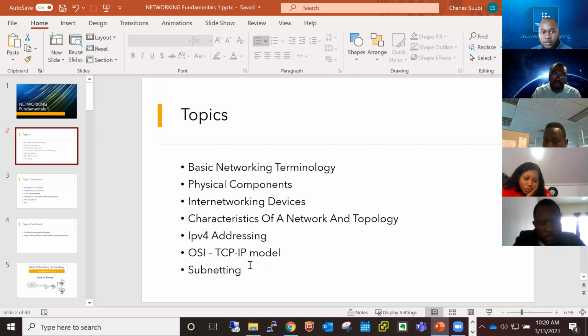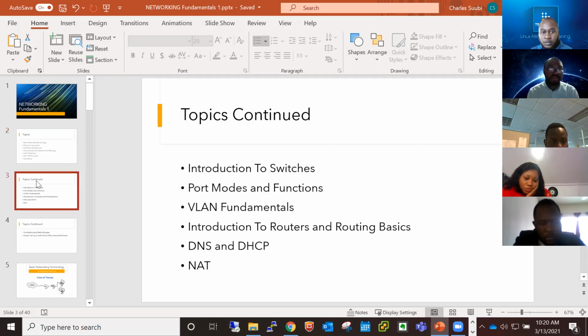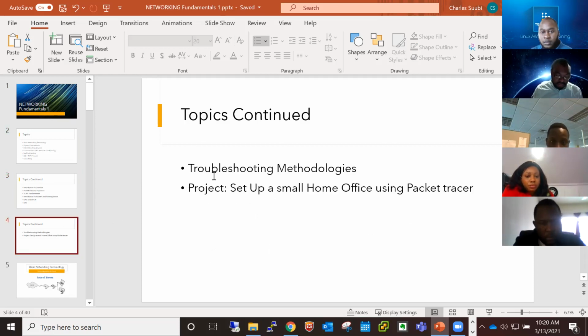We shall talk about subnetting. We're going to talk about switches, port boards and functions. We're going to talk about VLANs and VLAN fundamentals, routers and routing basics, DNS and DHCP, network address translation. And we're also going to go ahead and do troubleshooting methodologies.